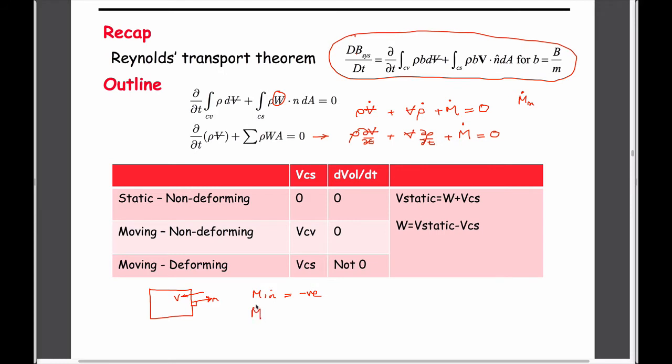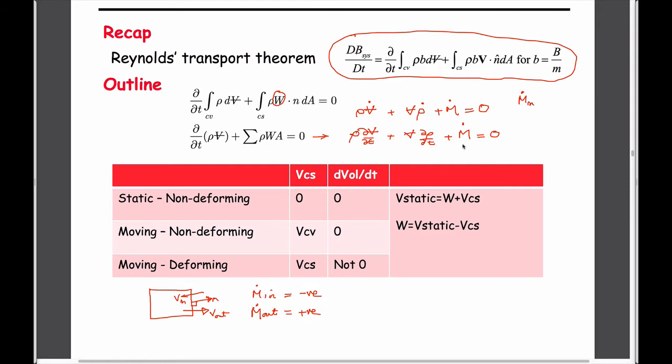And if mass flow rate is out, then it's defined as positive. And the reason for that is that this velocity here is defined relative to the outward normal, just as a convention. So as a sign convention in this expression, mass rate is positive if it's flowing out, and it's negative if it's flowing in. And so that's part of the deal.